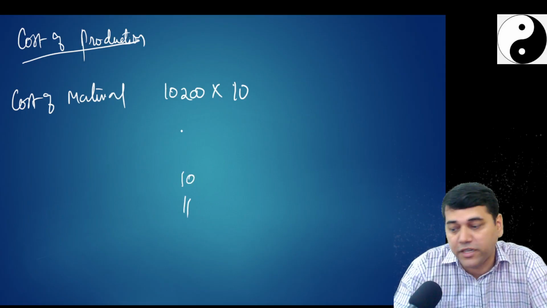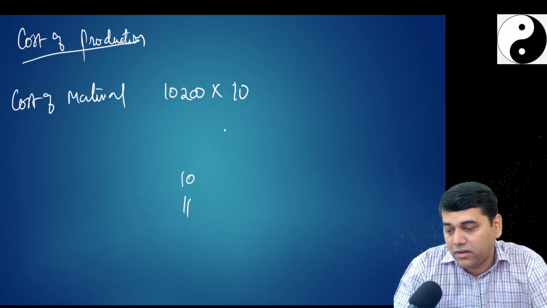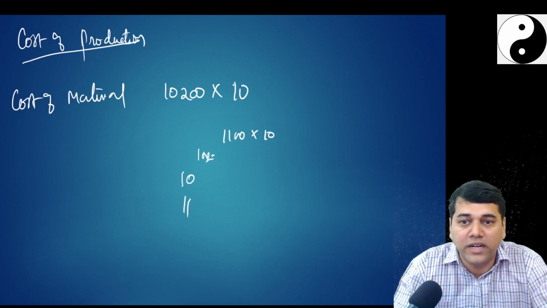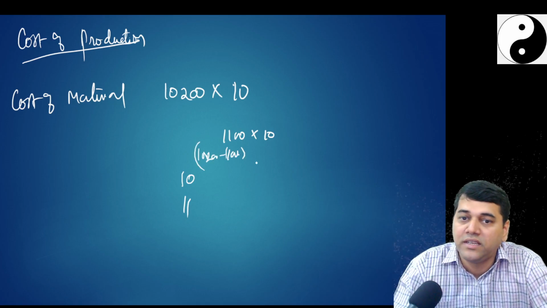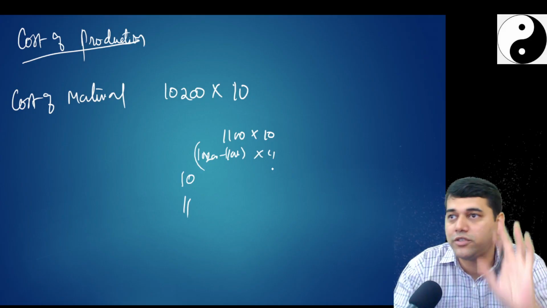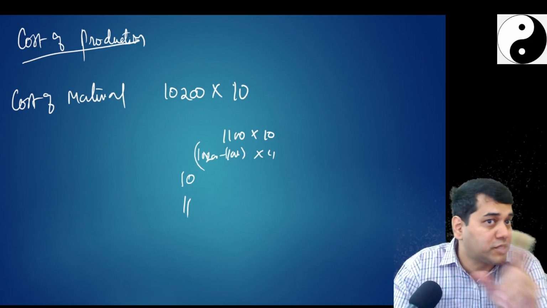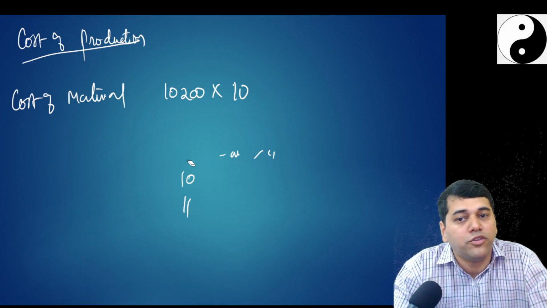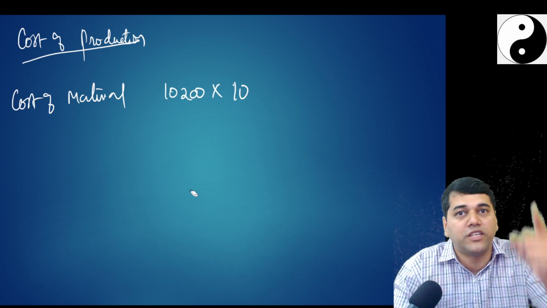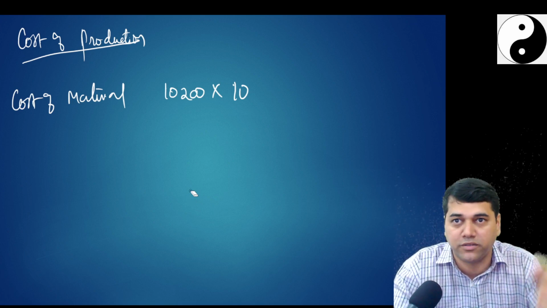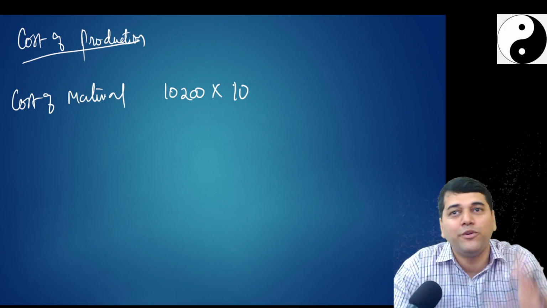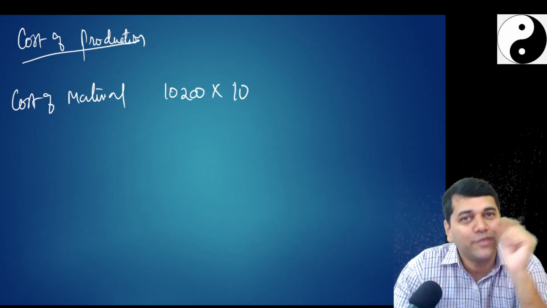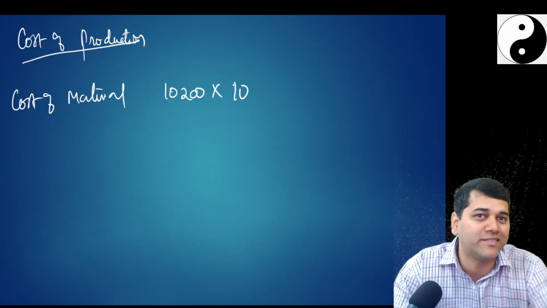Then cost of material consumed is 1,100 at 10, and 10,200 minus 1,100 is from 11. Have you understood this? Here it doesn't make any difference, because this 10,200 is coming from two sources, one from the opening stock, one from the new purchases, and both are beautifully at 10 rupees. That's why you have to go in detail and understand what these numbers are.